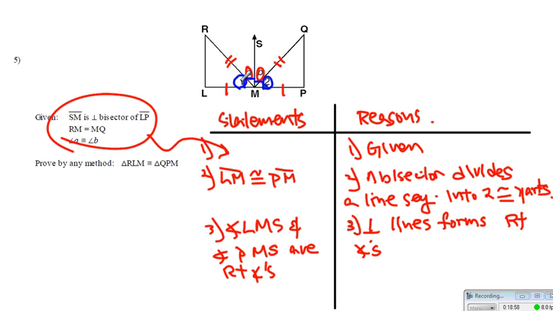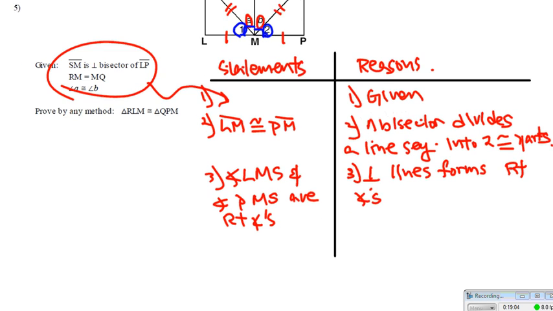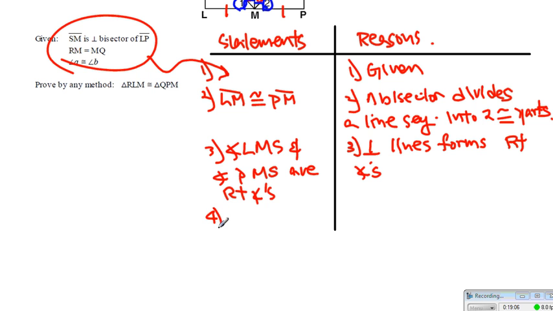Now, after we've set up that these make up the right angles, in step number 4, we can say angle LMS is congruent to angle PMS. Why? Because all right angles are congruent.